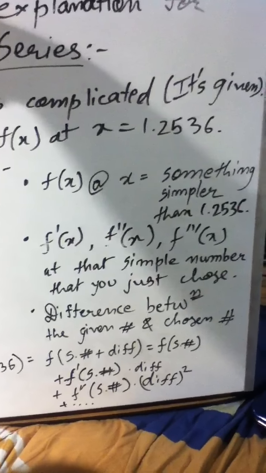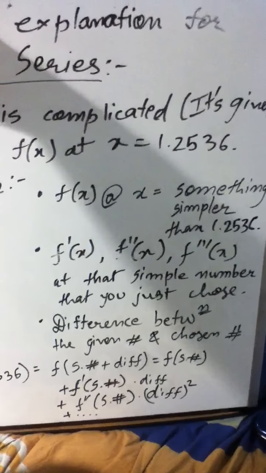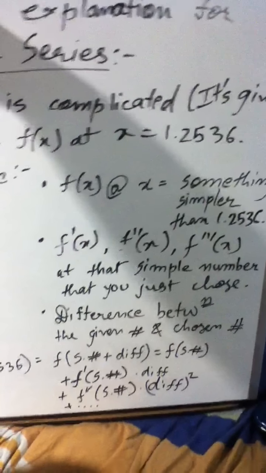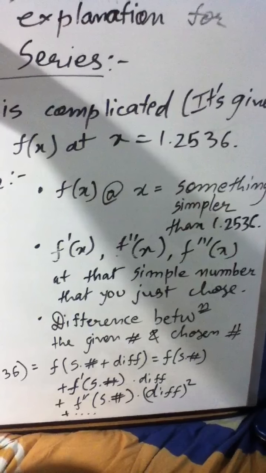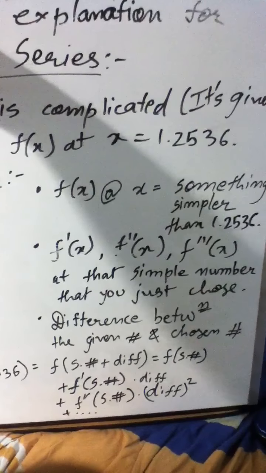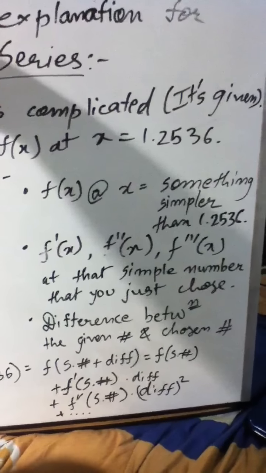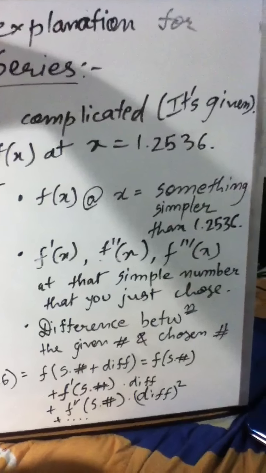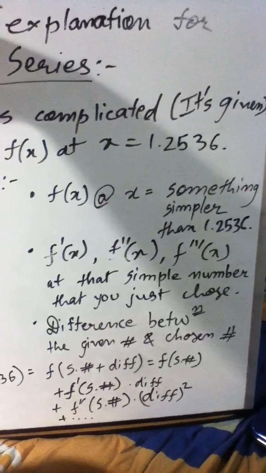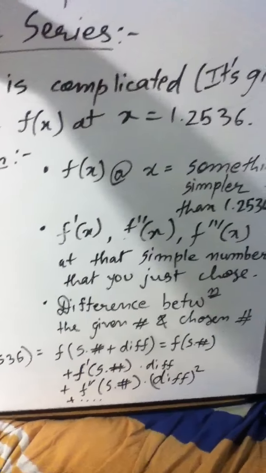So if you chose x equals 1 as the simple number, the s hash, then you need f dash at s hash, f double dash at s hash, and f triple dash at s hash. And you keep going, depending on the kind of accuracy you want. So that's the second thing.